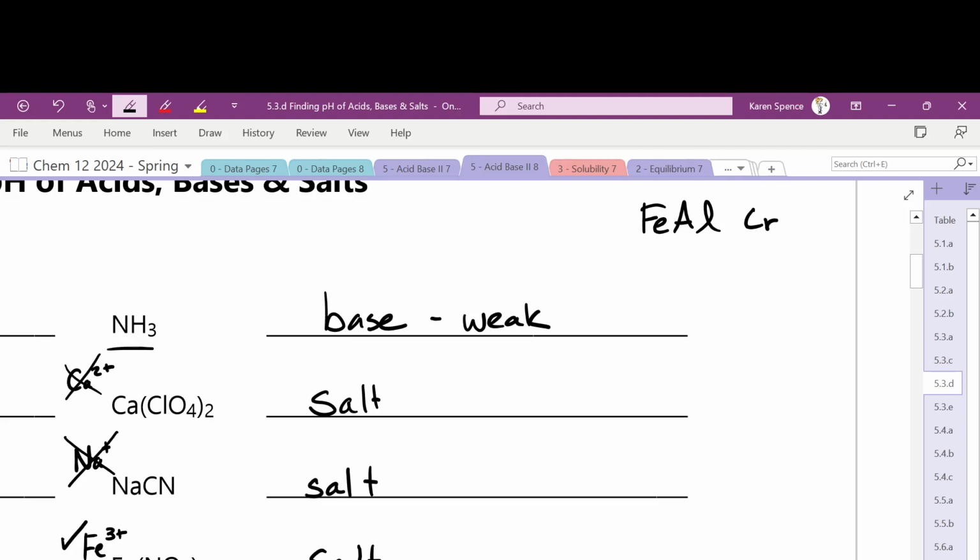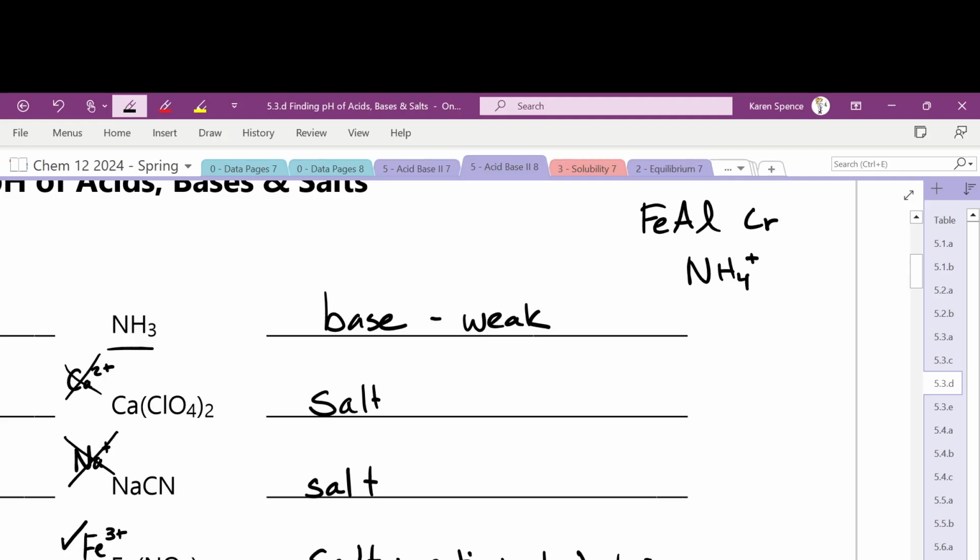Okay, who is the 4th cation that hydrolyzes? Ammonium, NH4+. So yes, iron hydrolyzes, so we have cationic hydrolysis. We'll check for anionic later, but for now we've got cationic hydrolysis.